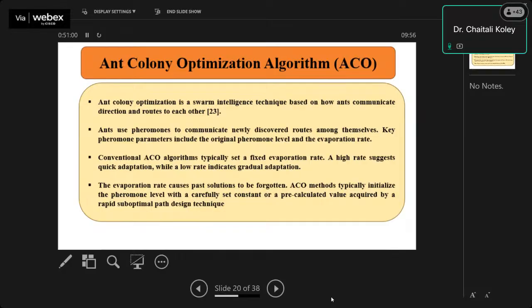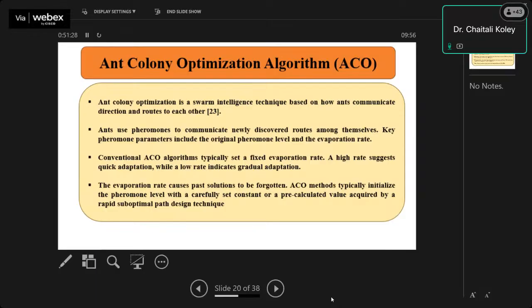So consider the two paths, the curved path and the straight path. The curved path is automatically a longer path, so the time taken by the ant to reach the food will be longer. Then step three: the ant which has gone through the shorter path reaches the food earlier.